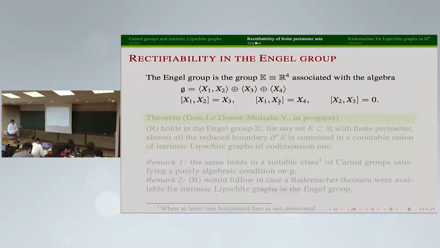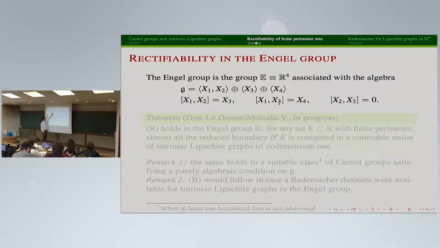space. Okay, so I want to present some new result which holds, for instance, in the Engel group and actually in a wider class of groups. But let me introduce the Engel group. As you probably know, it's a four-dimensional Carnot group associated with, for instance, this algebra.